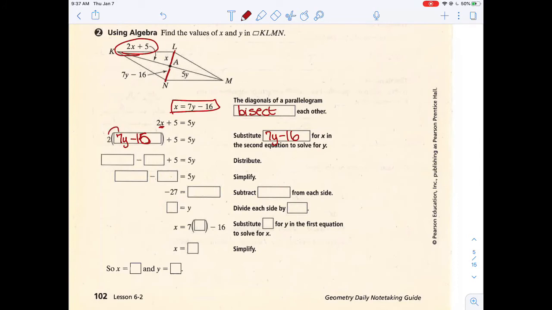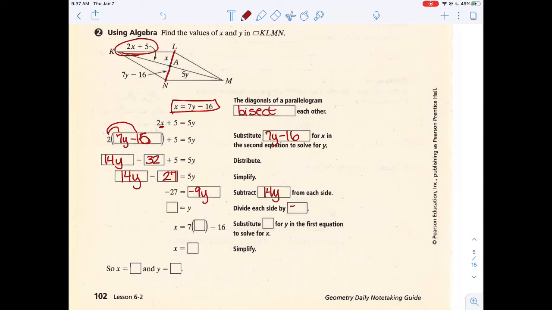So we're going to distribute the 2. So 2 times 7 is 14y. 2 times 16 is 32. Plus 5 equals 5y. Then we can simplify. We still have 14y. But negative 32 plus 5 gives us negative 27. Okay, so then if we subtract 14y from both sides, negative 27 equals negative 9y.